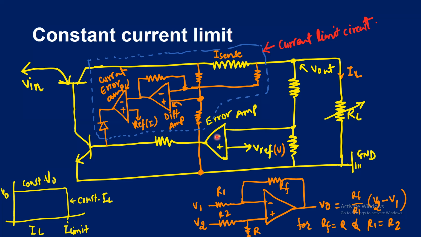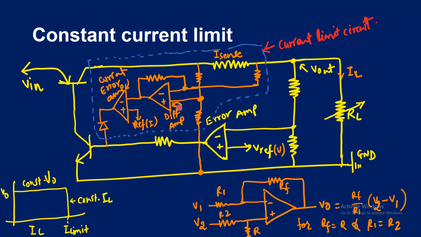The voltage error amplifier then will drive its output high in an attempt to raise the output voltage. But the current amplifier right here will sink all of the current coming from the voltage error amplifier. So like the thermal limiter circuit we've seen before, the current limiter overrides the voltage error amplifier to prevent damage to the IC.